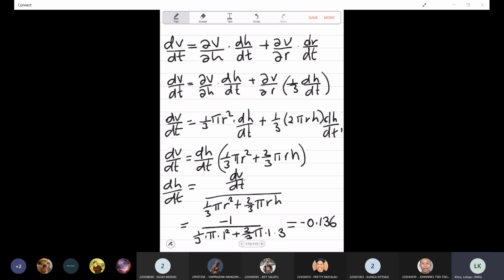Sorry, the units are meters per second. Okay, and it's negative. That tells us that it is decreasing.